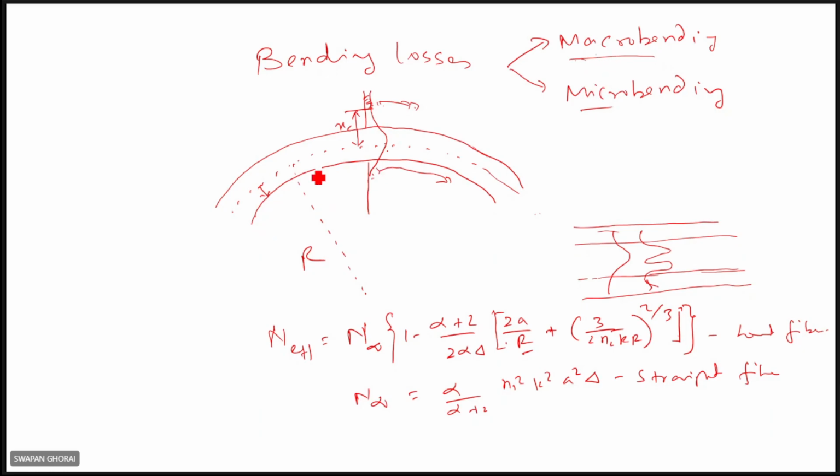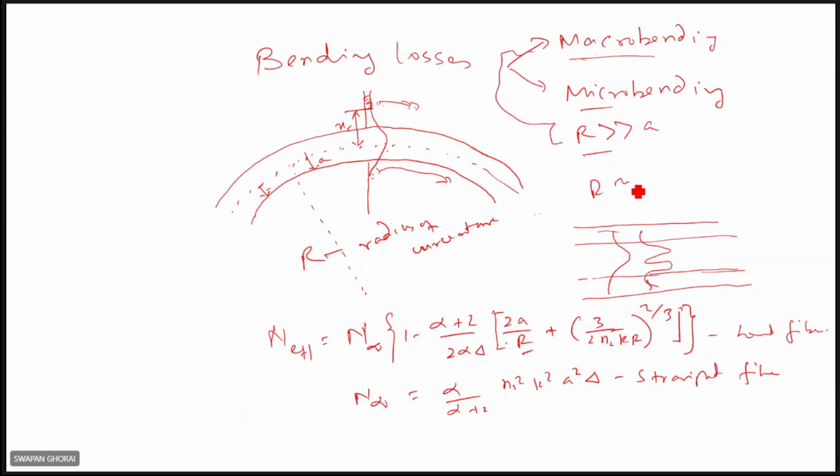Whenever a fiber is bent, this R is the radius of curvature, and this is the fiber radius, say A. When the radius of curvature is greater than the fiber core radius, it is called macro bending.